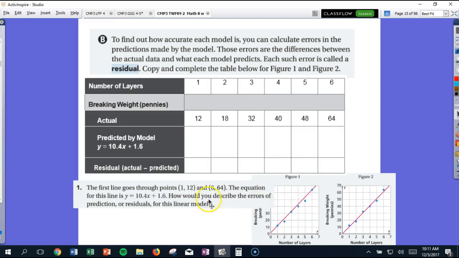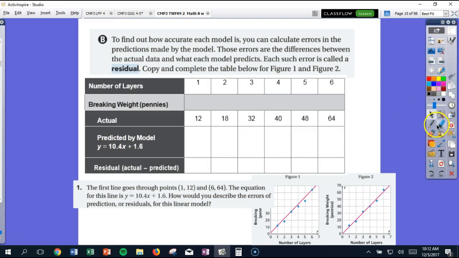So what you're going to do then is plug in the different layers into the equation. If I plug in the value of 1 for x, we'd have 1 times 10.4, which is 10.4, plus 1.6. Well, 10.4 plus 1.6 is going to wind up being 12.